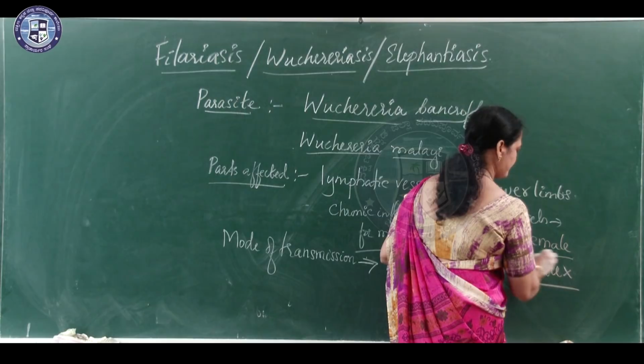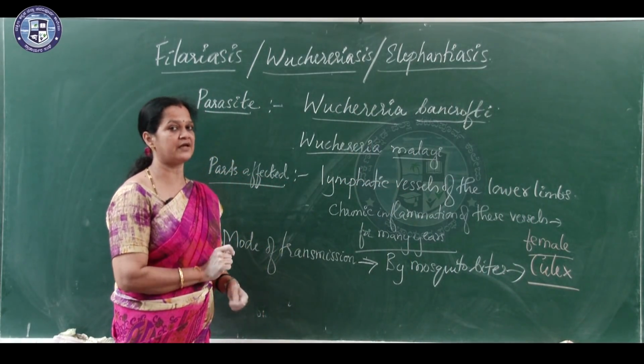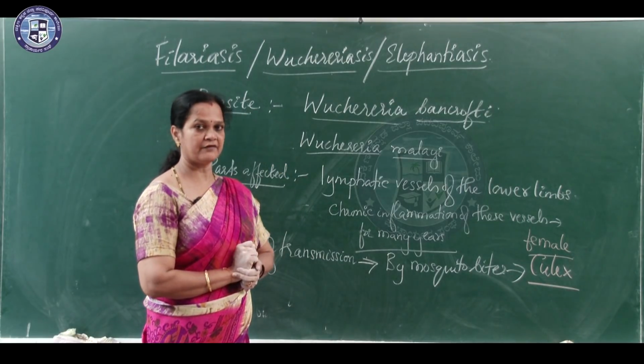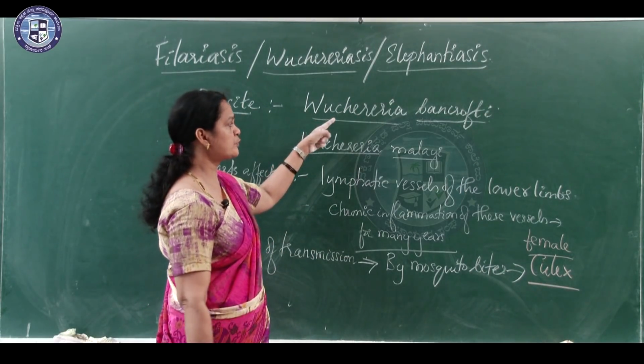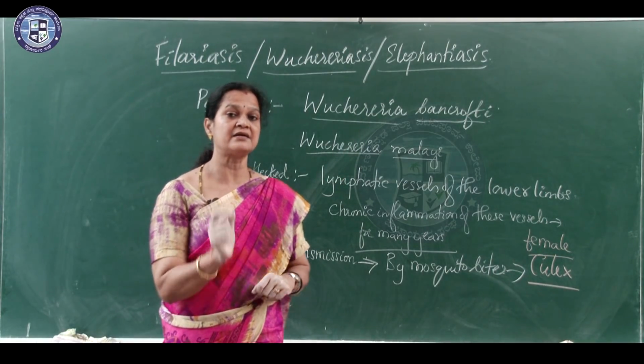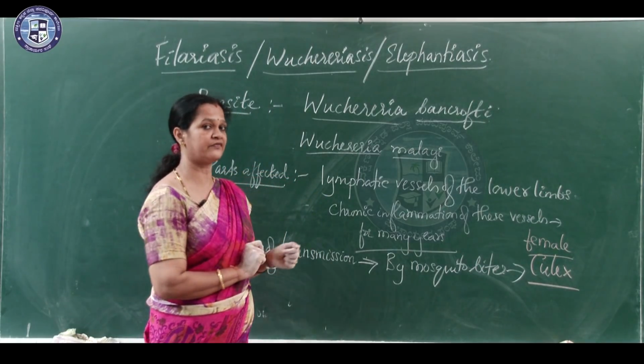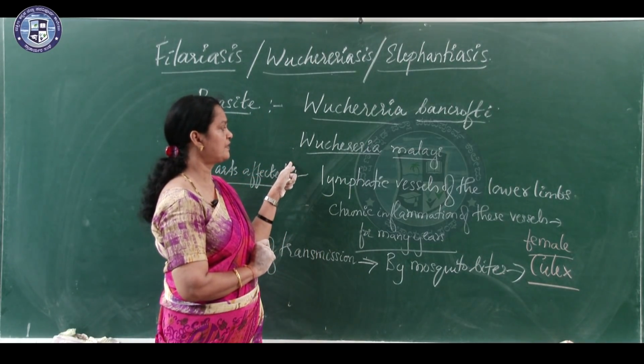The female Culex mosquito is an intermediate host in the life cycle of the filarial worm, Wuchereria bancrofti or Wuchereria malayi. You can call it Filaria bancrofti and Filaria malayi also. That's the other name of the parasite.